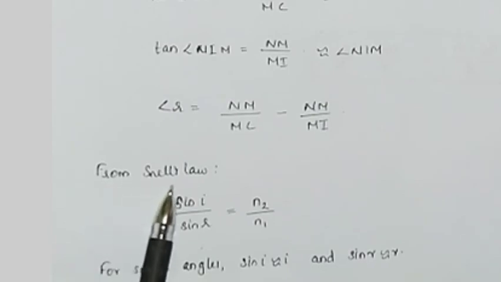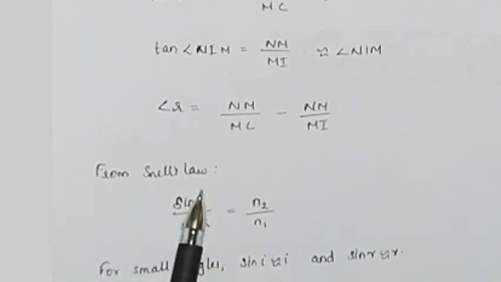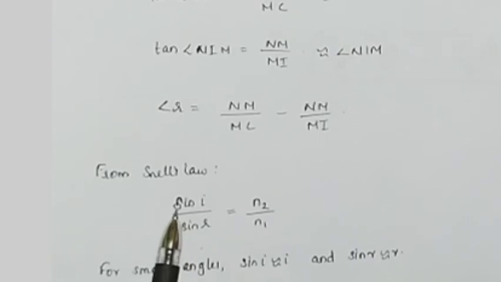Now we know that wherever refraction occurs, the second law is followed, that is Snell's law, which states that sin I by sin R is equal to N2 by N1. And for smaller angles, sin theta is approximated to theta itself.